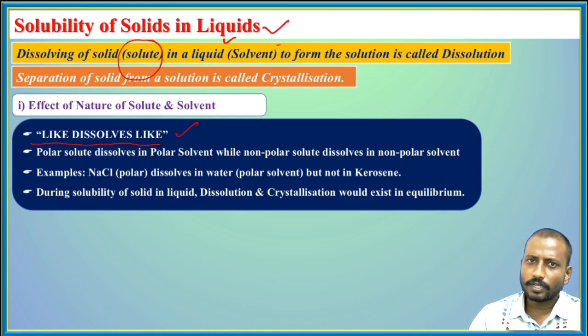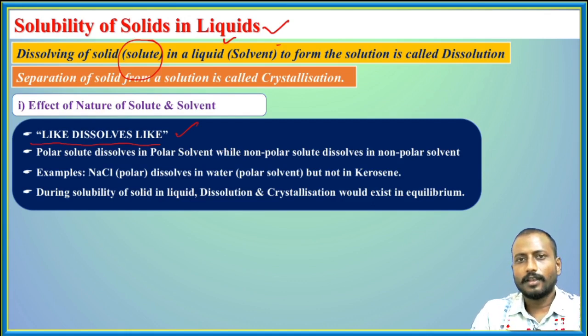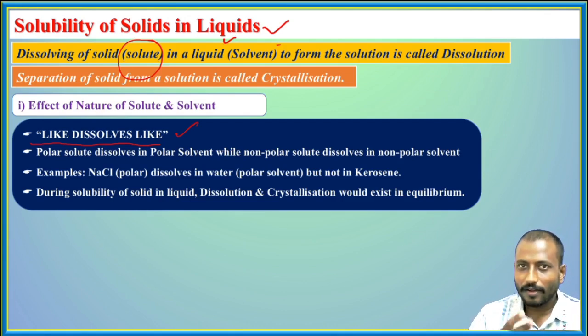That's why sugar is a polar compound while oil is a non-polar compound, and sugar is insoluble in oil. So always remember, like dissolves like. Compounds of similar nature mix, while compounds of dissimilar nature do not mix. They separate, like oil in water.